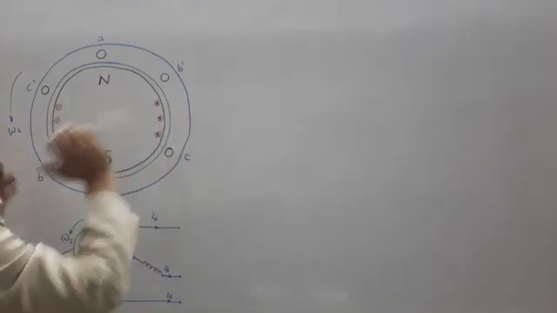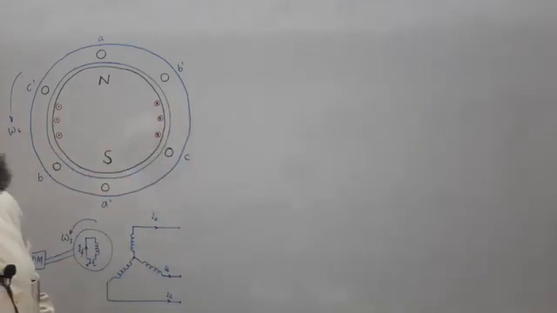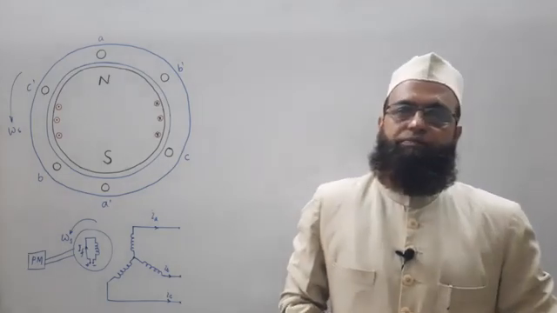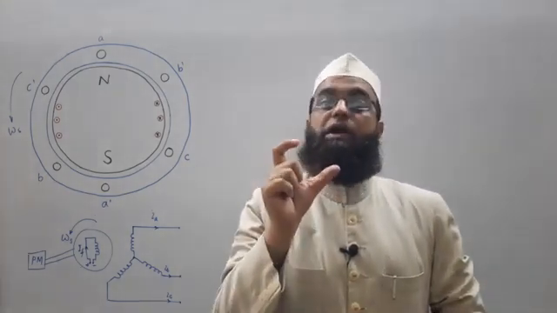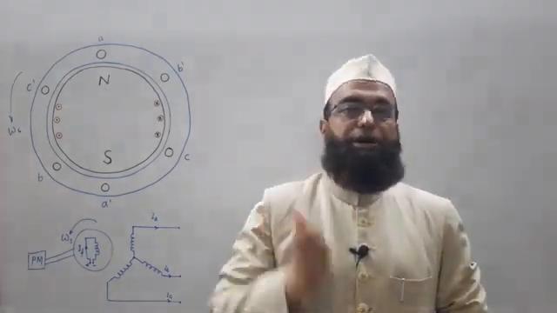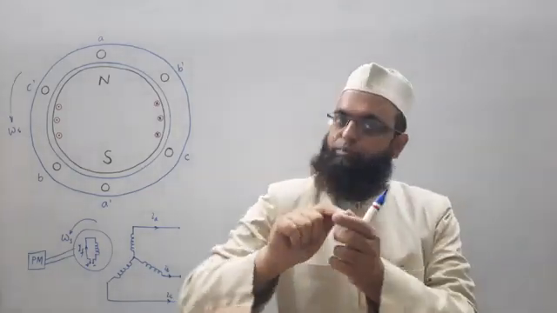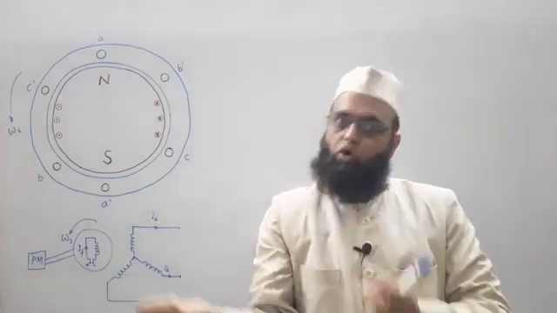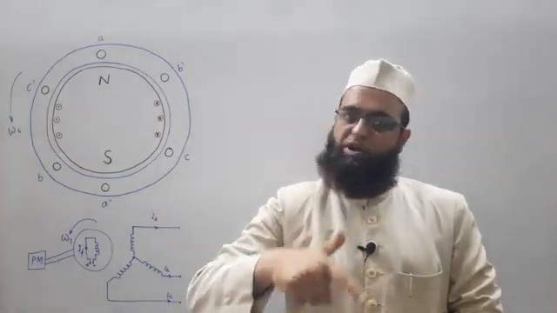Stator is the stationary part, rotor is the rotating part, and the rotor is rotating anti-clockwise. It means the relative motion of the conductor on the stator with respect to the rotor field will be clockwise. Hope it is clear to you.